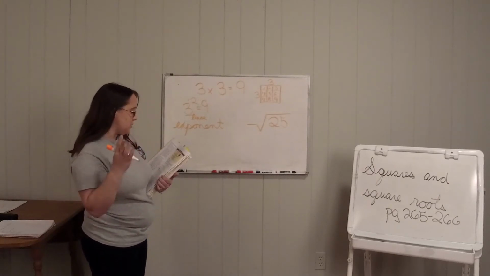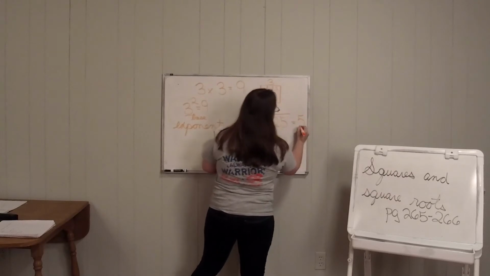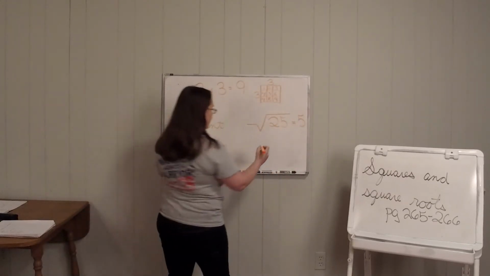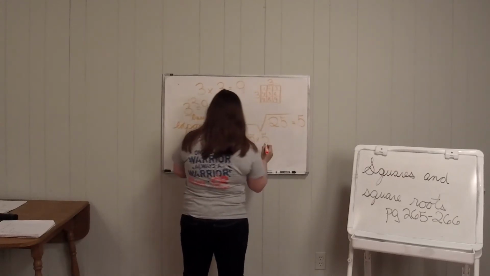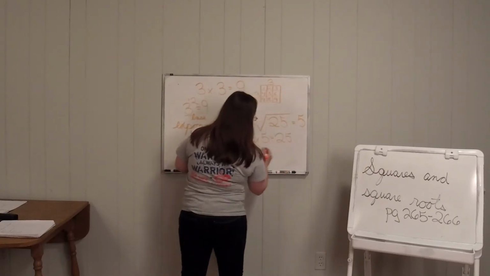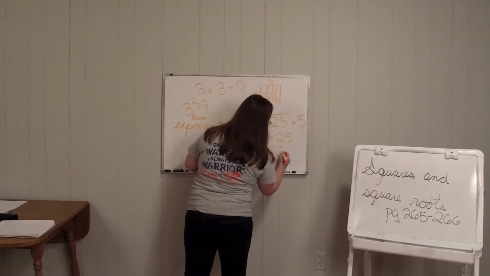All it's saying is the square root of 25 equals 5. It's saying 5 times 5 equals 25. 5 squared equals 25.